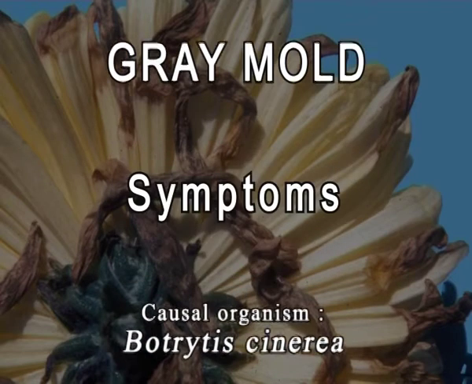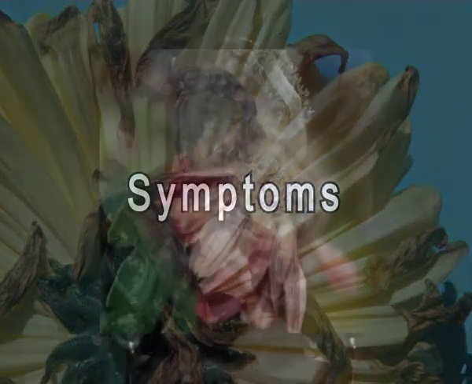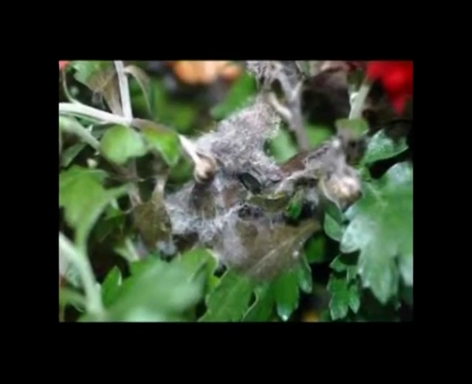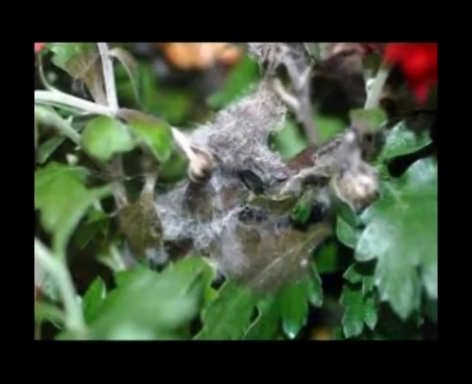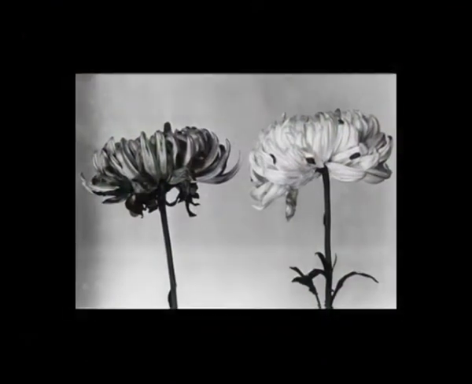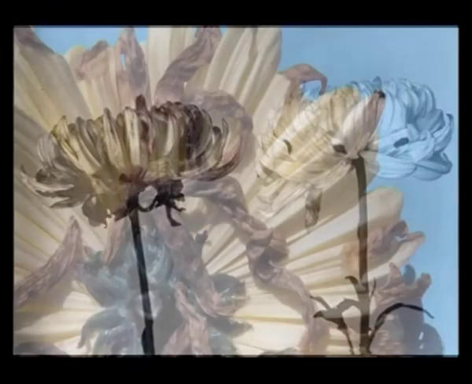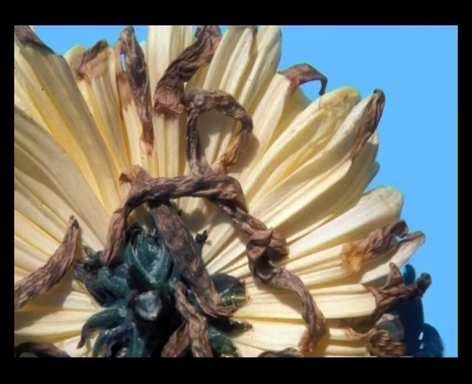Now let's see the symptoms of grey mold. Grey mold occurs on petals, leaves or as a stem canker, as brown water-soaked spots. Infected plant parts may be covered with grey to brown powdery masses of spores.